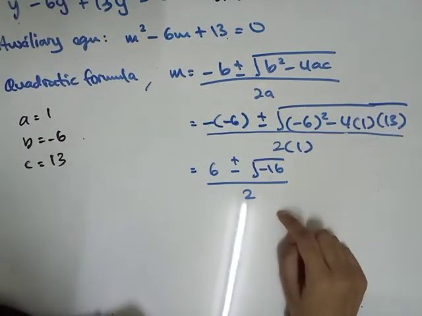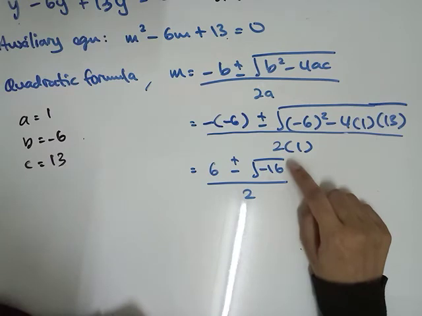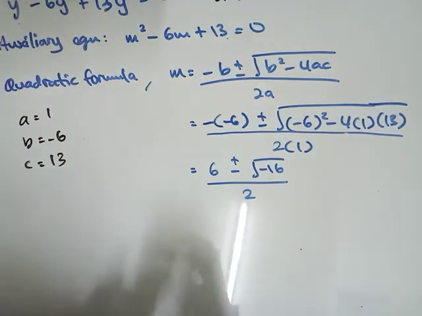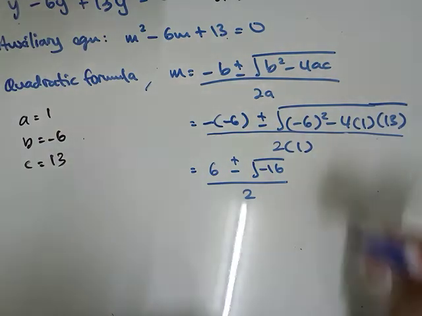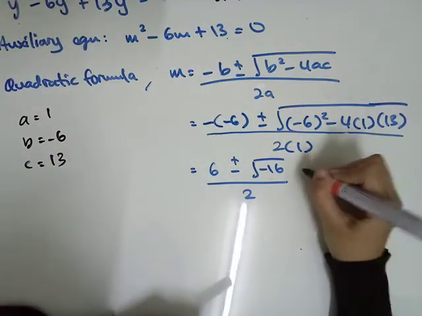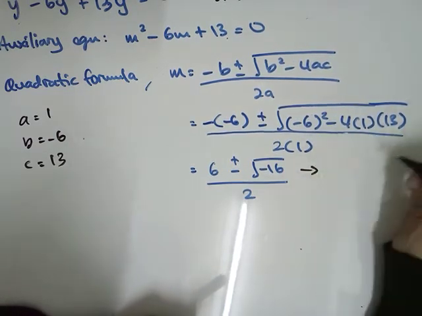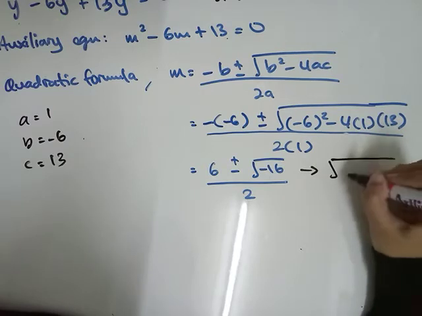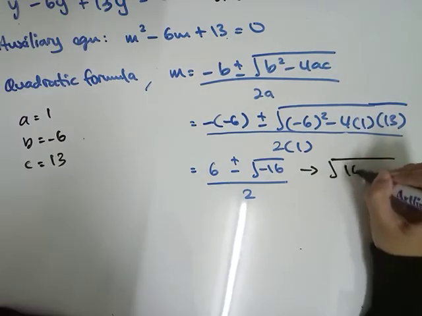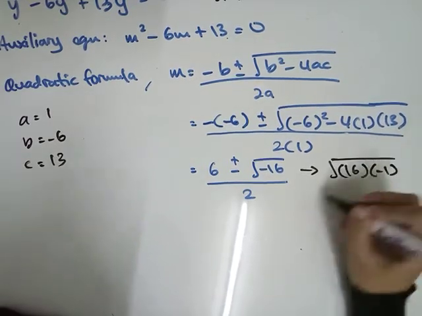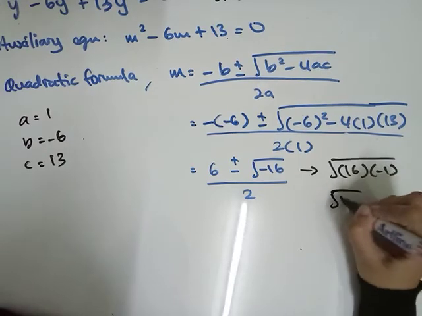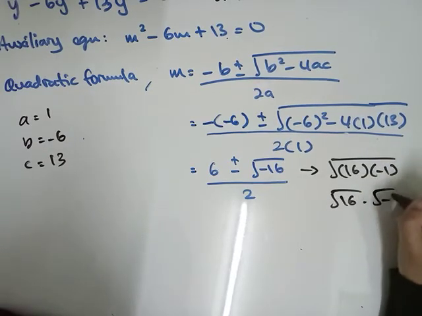And then, as you can see this is square root negative 16. When you use your calculator, you will get a math error. So, how to solve? Okay, we know that square root negative 16, awak splitkan dia. 16 times with negative 1. So, it will become square root 16 multiply with square root negative 1.